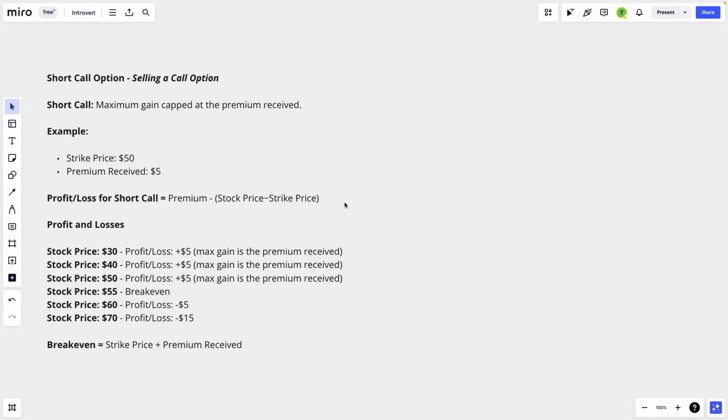Okay, so selling a call option is the same thing as shorting a call option. So if you short the call, you are now the person who sold the call option. And remember, now you have the obligation to sell the stock at the strike price if the call buyer exercises it.